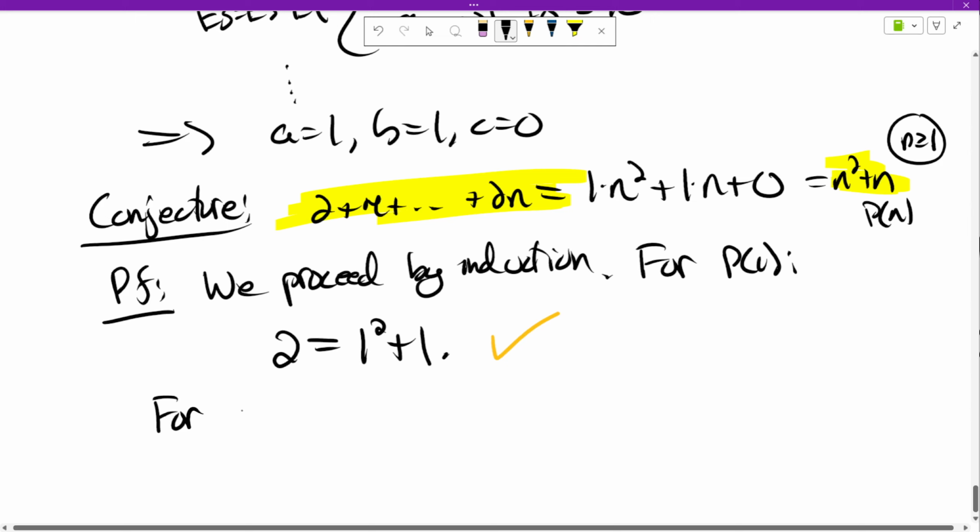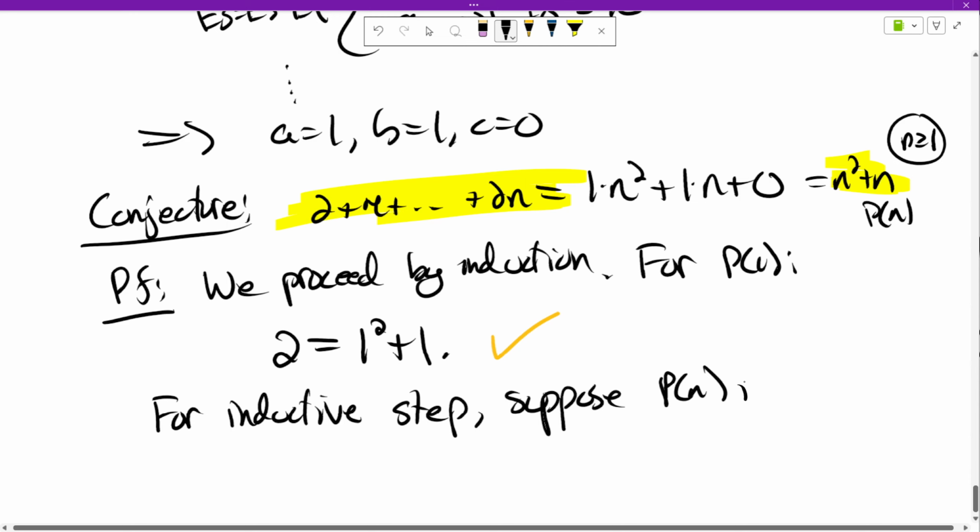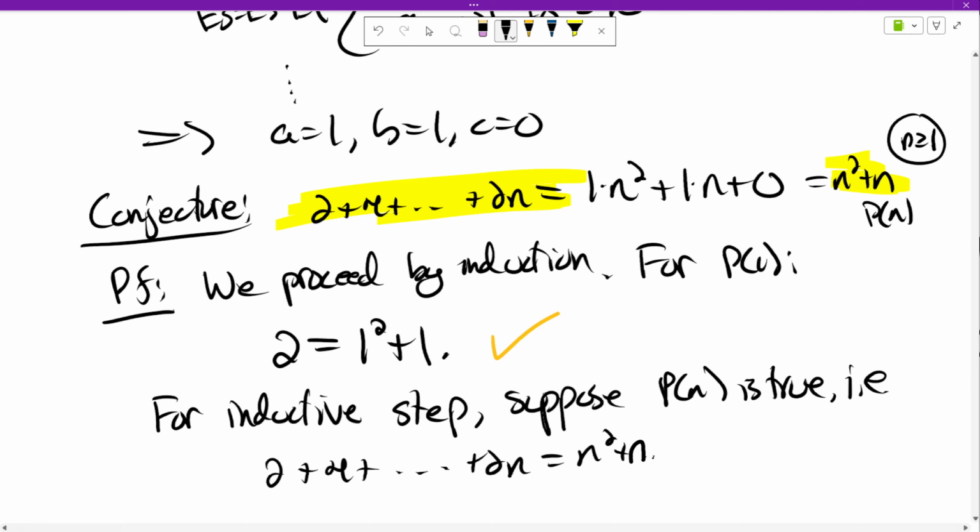For the inductive step, we're going to suppose P of n is true, which is to say 2 plus 4 plus up to 2n is n squared plus n.